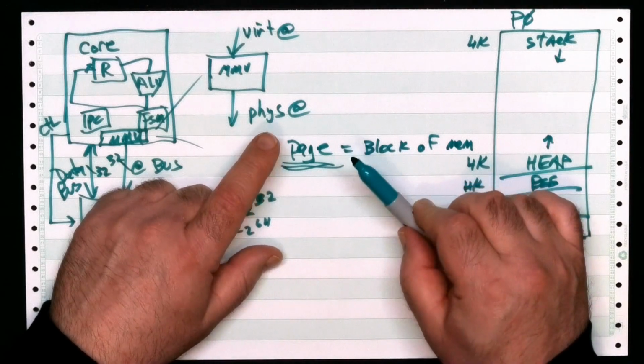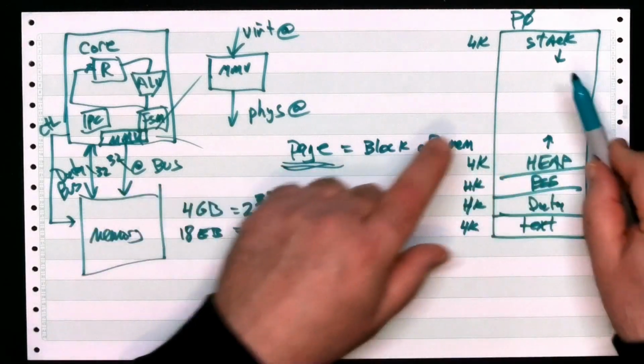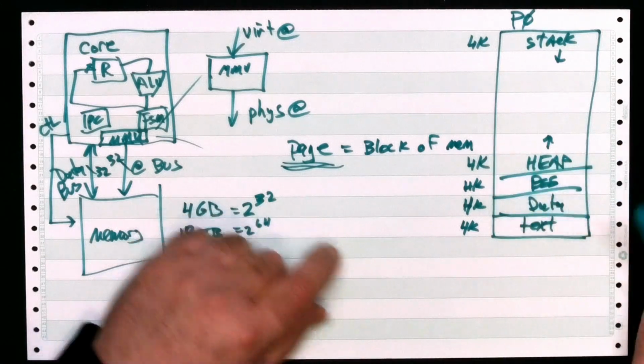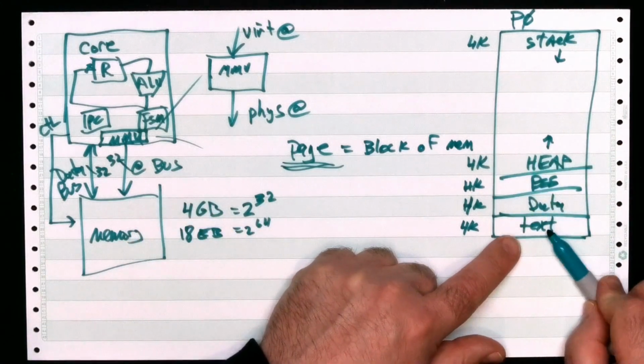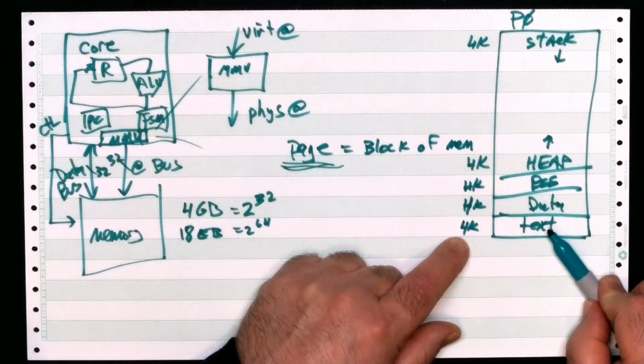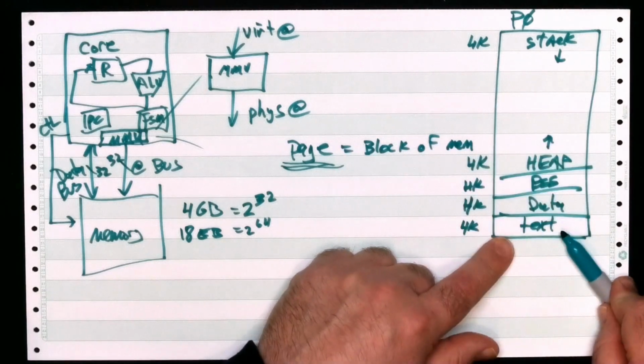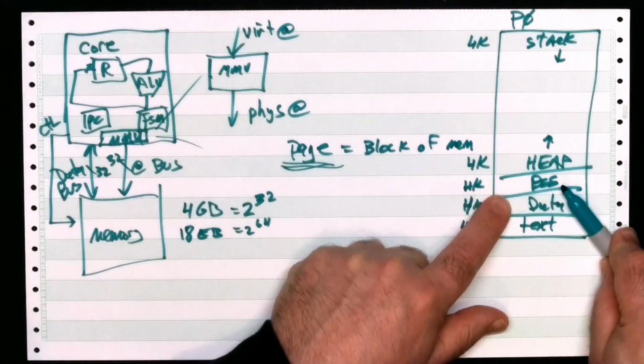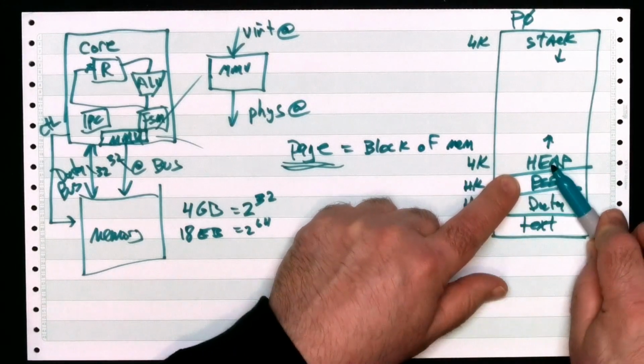And we're going to call that the page size. In this example, the page size is going to be 4K. So, how many pages are there in the text region? One. One 4K page for this example. One 4K page for the data, one 4K page for the BSS, one 4K page right now for the heap.